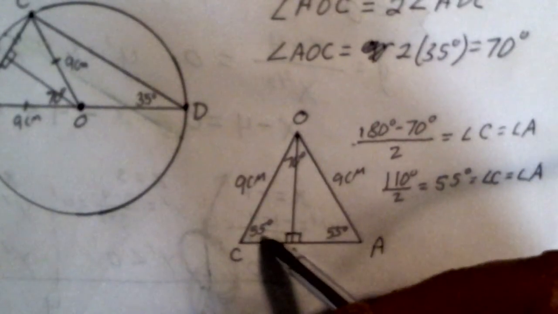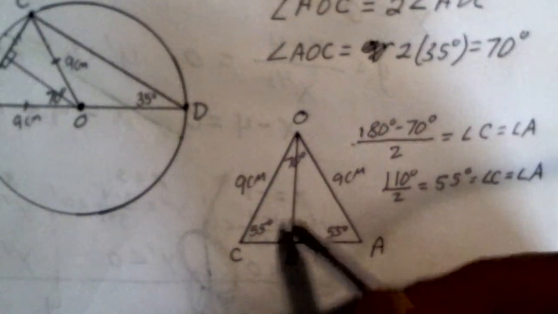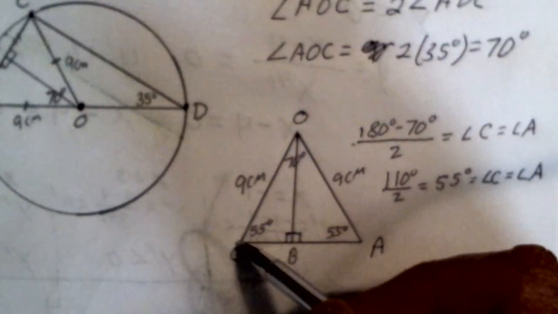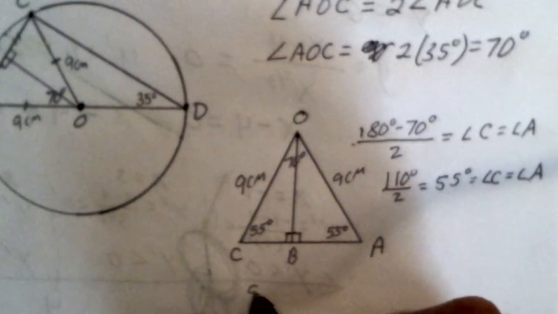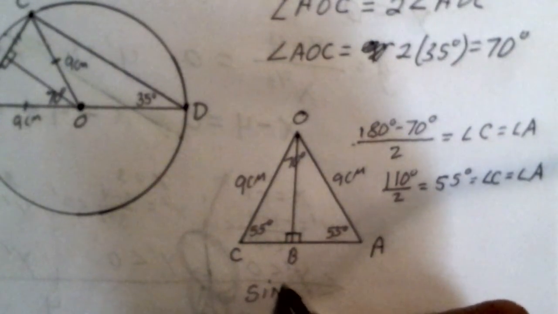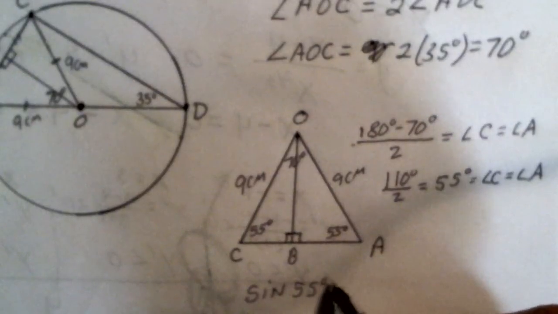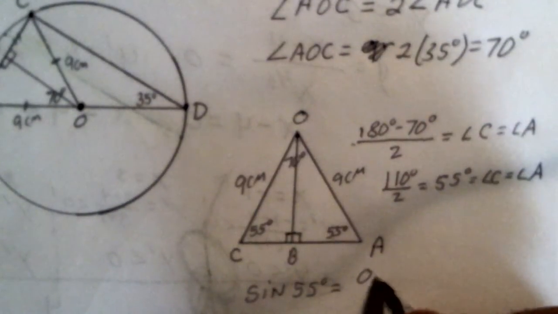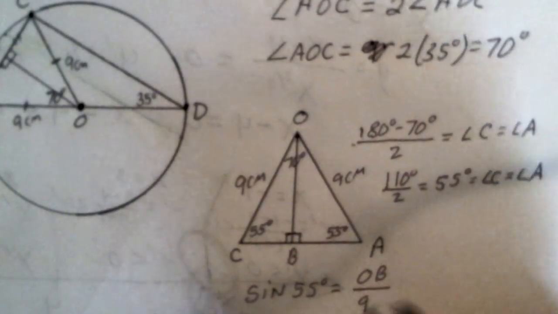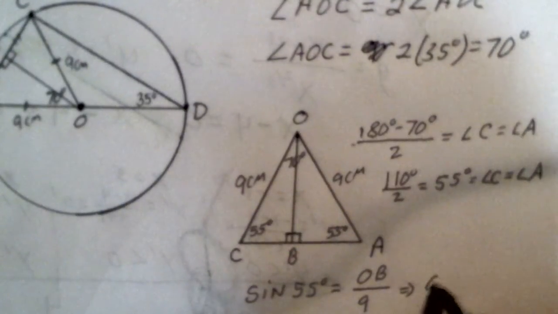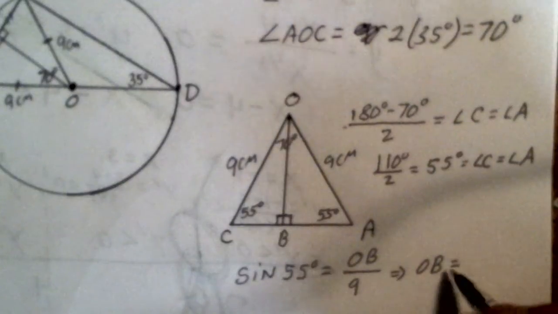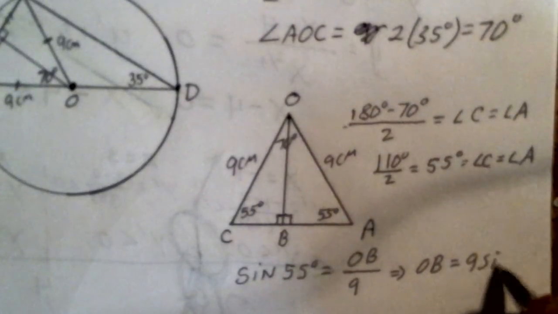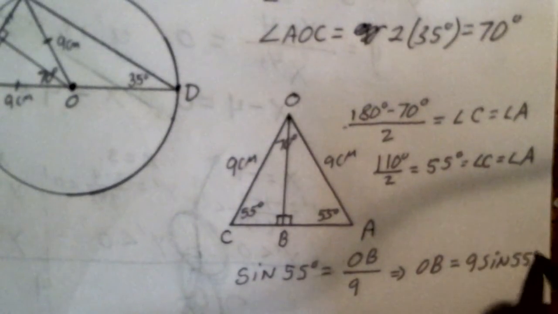As far as my 55-degree angle is concerned, OB is opposite my 55-degree angle, and the 9 centimeter length is the hypotenuse. So I can set up this trig relationship. The sine of 55 degrees must be the opposite side, OB, divided by 9 centimeters, which implies that OB is going to be 9 times the sine of 55 degrees.